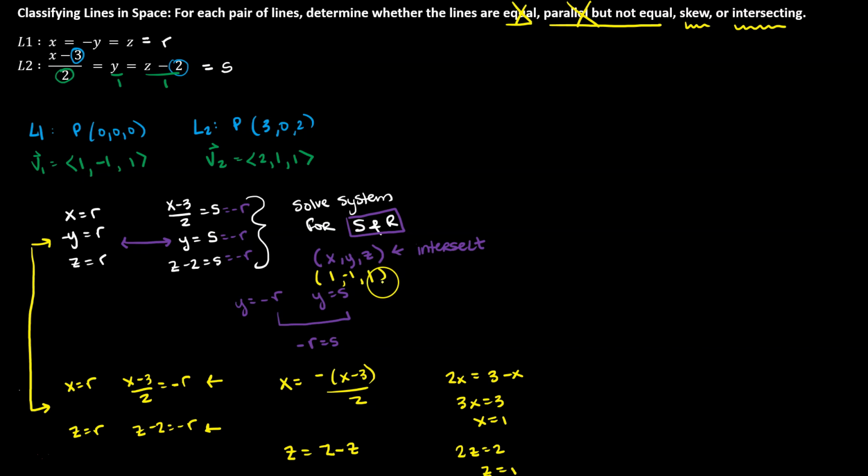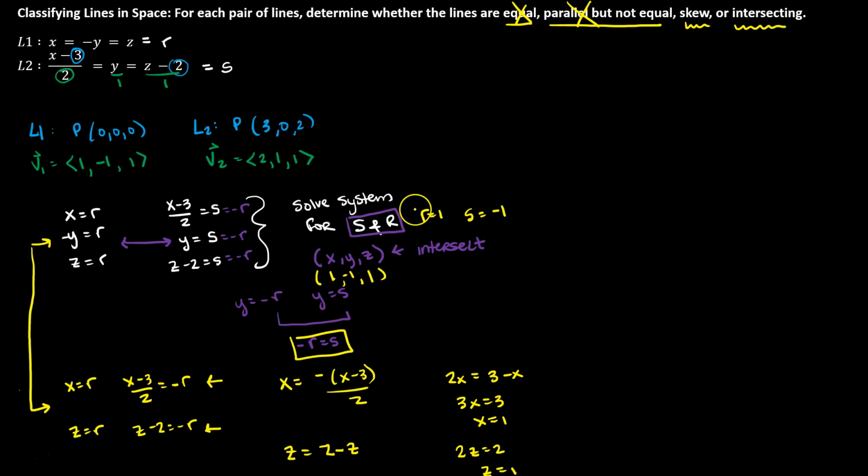We found the point of intersection, and we indirectly used the values of s and r to get there. And we could even go back and say what s and r would have to be. If x is equal to 1 and x is equal to r, then r has to be equal to 1. And if negative r is equal to s, then s has to be negative 1.